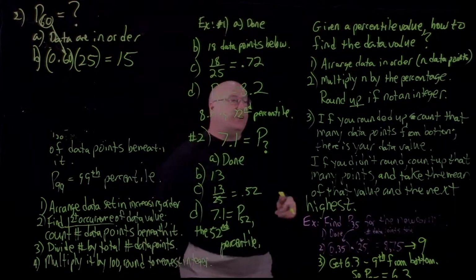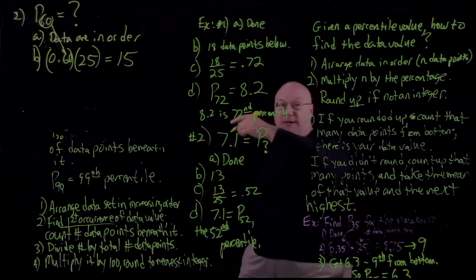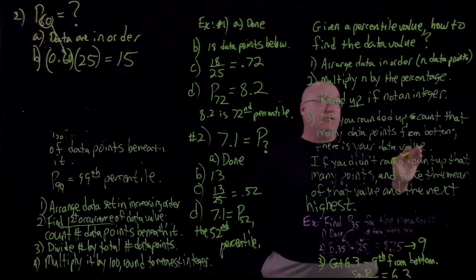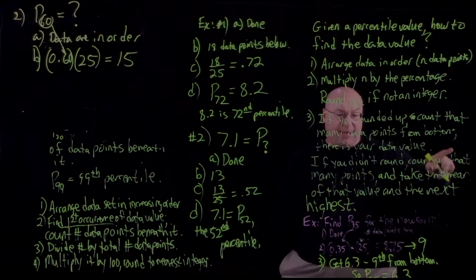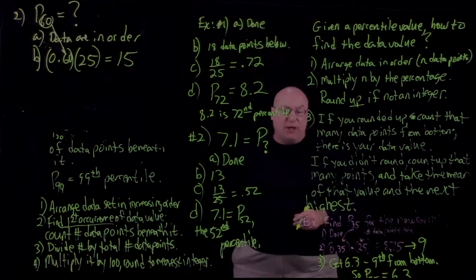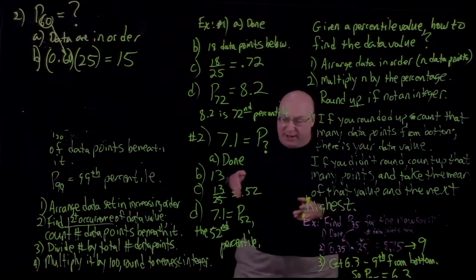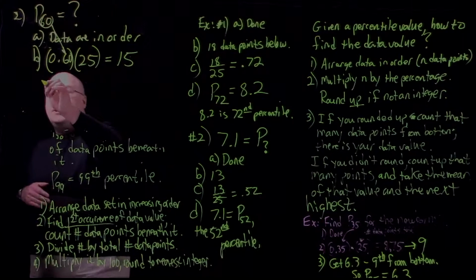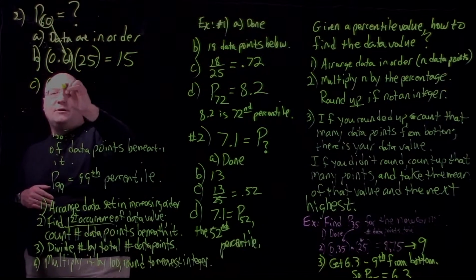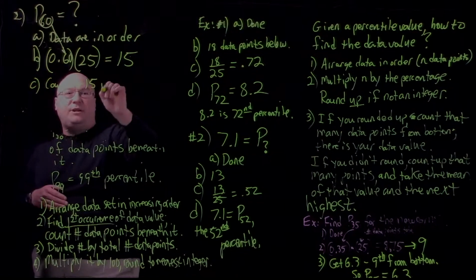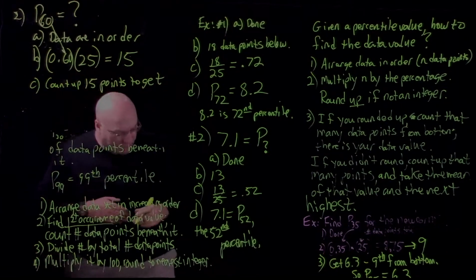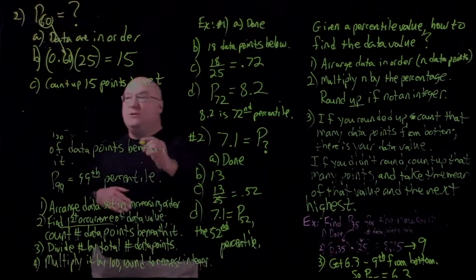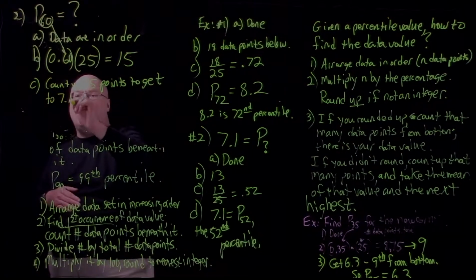Okay, so what do I do here? Round up if it's not an integer. It is an integer, so I don't have to do anything to it at this stage. Next, if I didn't round up, I count up that many data points. So if I start at the bottom and count up, I'm on part C here, count up 15 points to get, I think it's 7.1, isn't it? Yes, to get to 7.1.